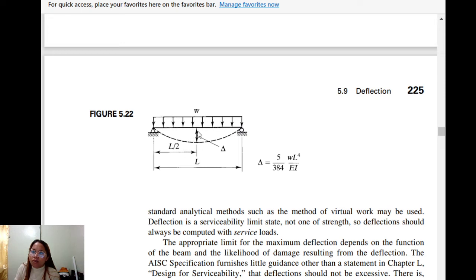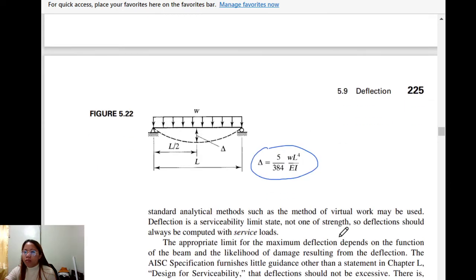This one is the deflection. This is the elastic curve of the beam. So for a simply supported, uniformly loaded beam, the maximum deflection is at the center, right? So the maximum deflection occurs at the center.